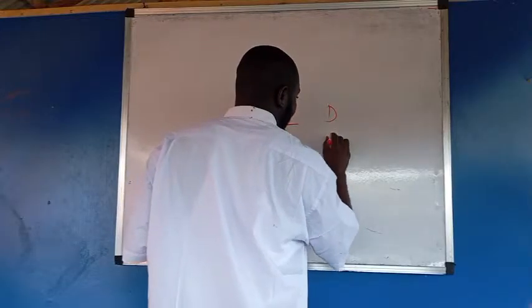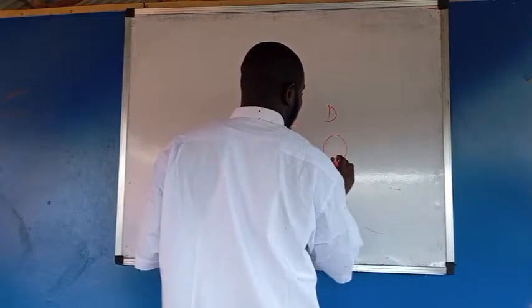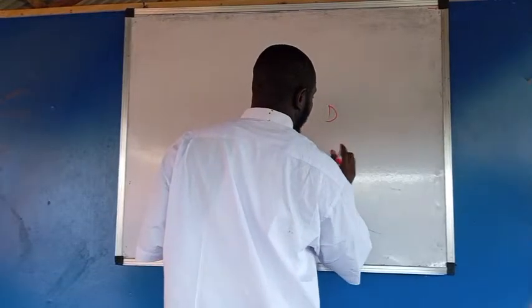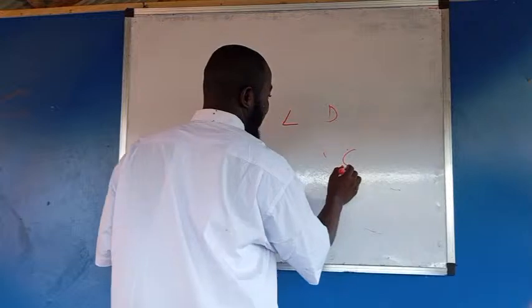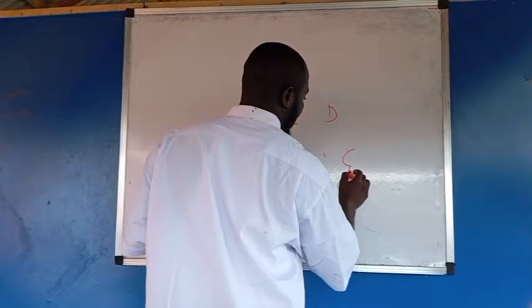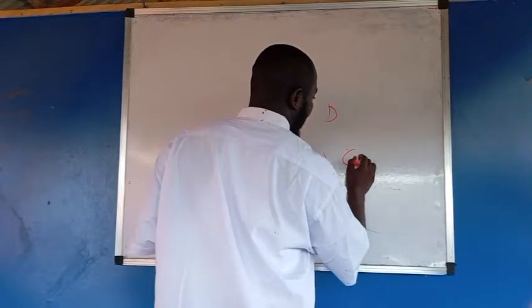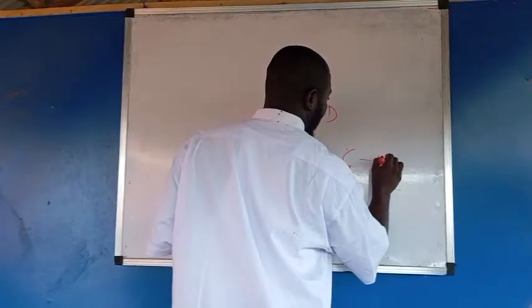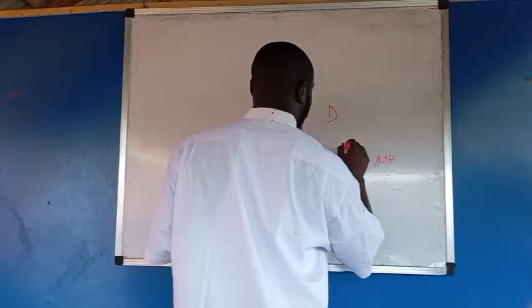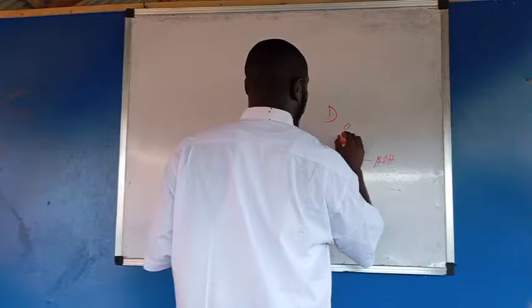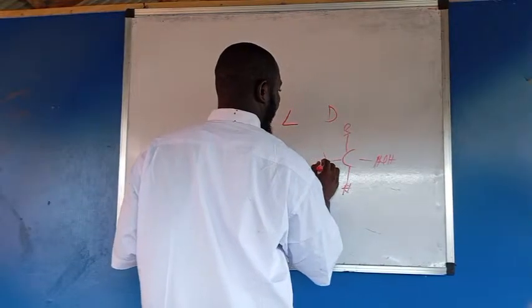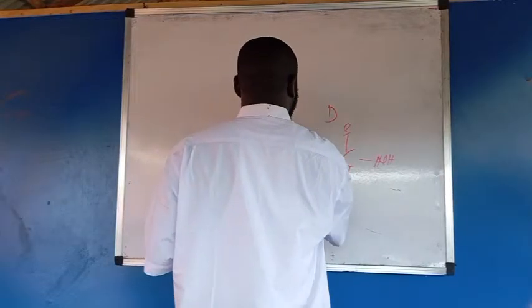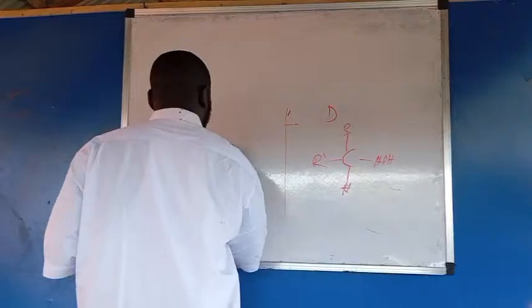For example, if you have a compound like this, maybe this one hydrogen, you have nitrogen here. You have another compound, you can put something like this, and then it's in the mirror form. We now have another one here like this.